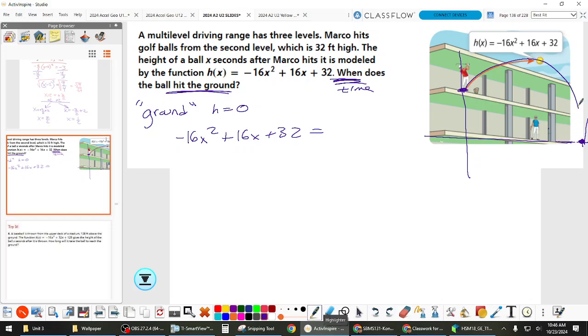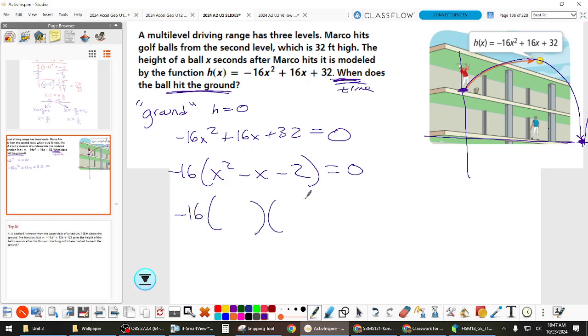Be careful. Okay, this time it's 0, so make it say 0. Don't forget to pull out your GCF. If I pull out the negative 16, that keeps x squared positive, which is definitely what we want. But then that makes this x negative, and the 32, which becomes 2, also negative. So be careful, just that basic division step.